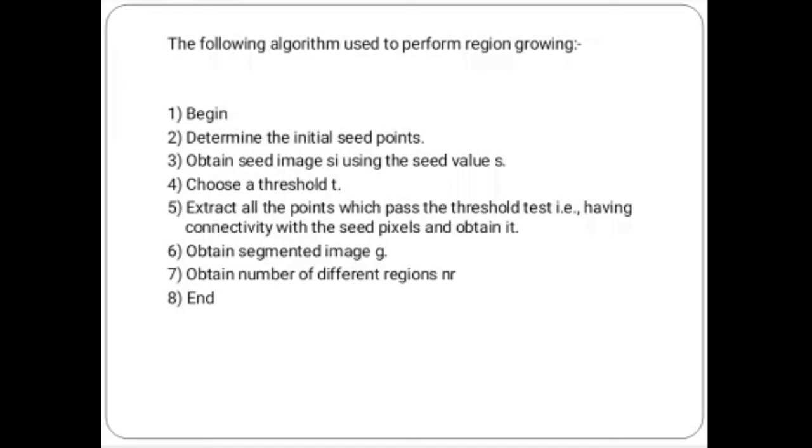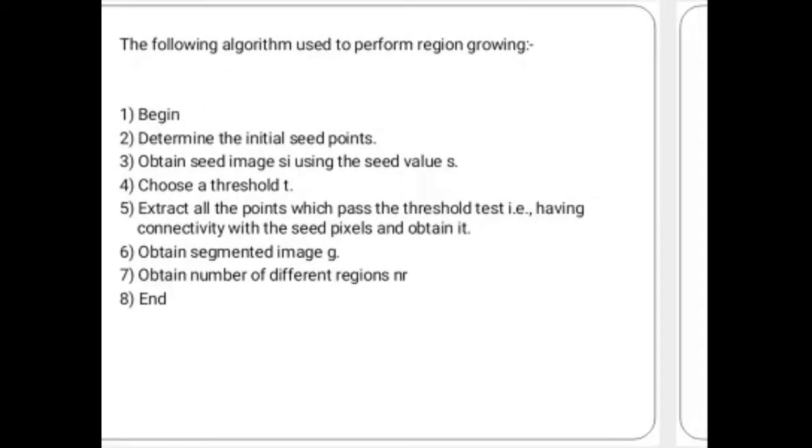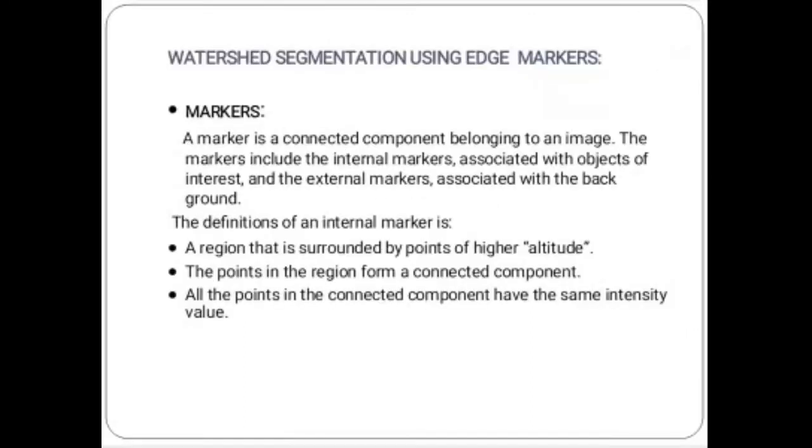After the segmented seed pixels extract all the points which pass the threshold test, you can have a segmented image. After that you can get the number of regions and continue the process for getting the segmented image. Okay, so now we are going to see the marker concept using the edge markers.